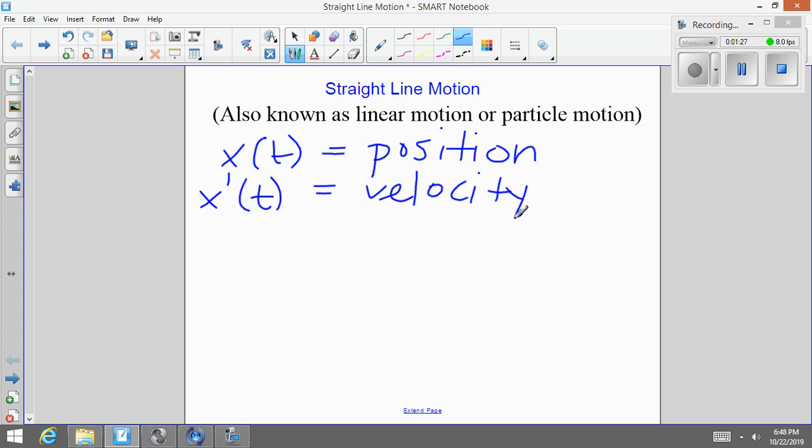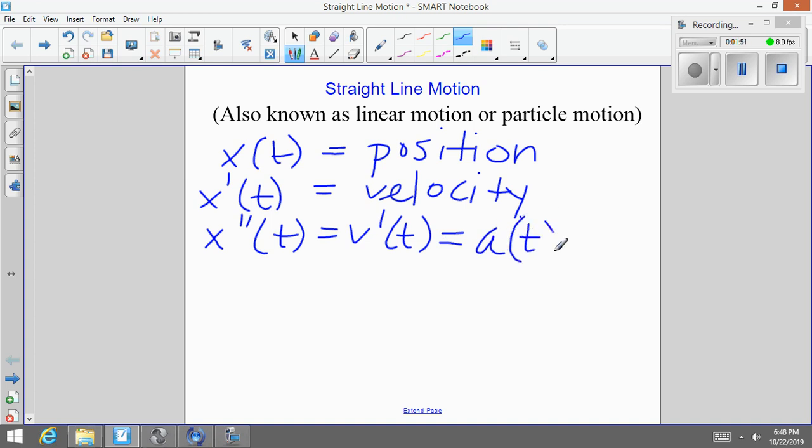If we find either the second derivative of position or the first derivative of velocity, then we get acceleration. So it's either the first derivative of velocity or the second derivative of position is acceleration, which is a of t.